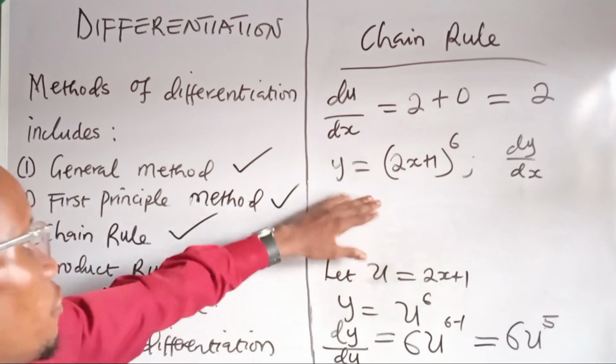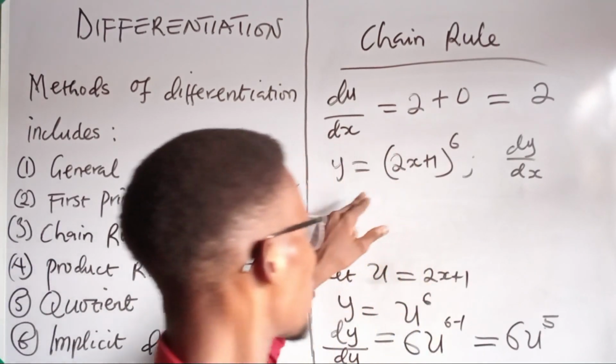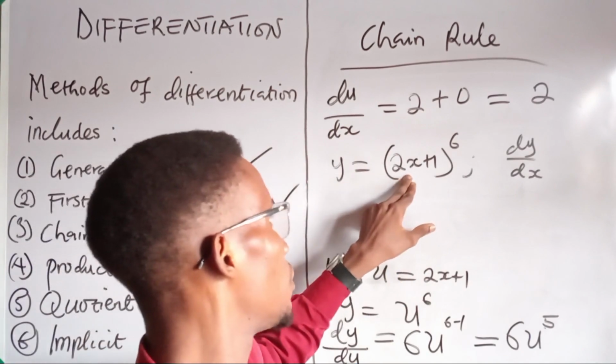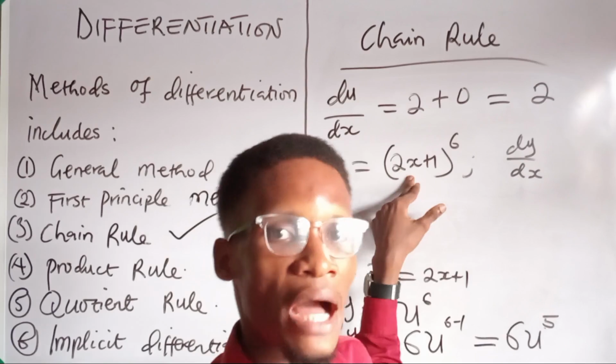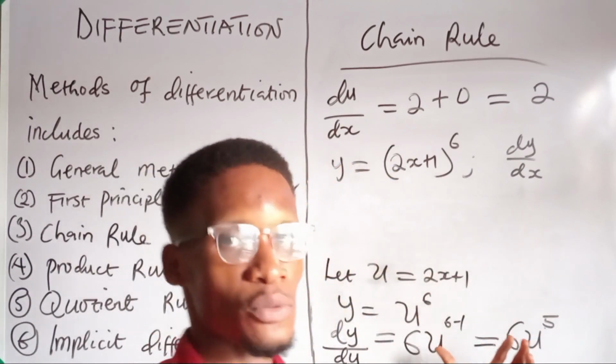When this equation was given, there was no u. So what they expect us to find is dy with respect to x. And how do we get this dy with respect to x? We have to introduce u, which is what we've done.